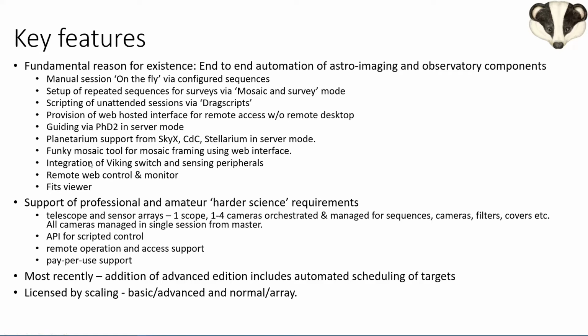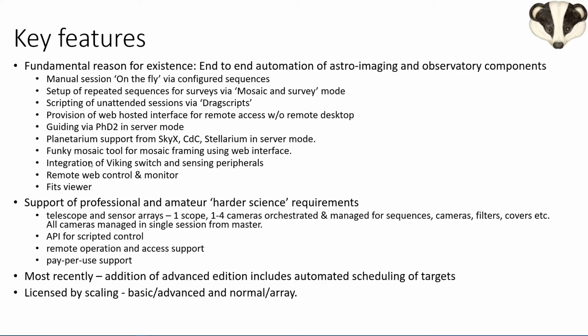So I put together a couple of slides. Most of this is just about prompting to go into the sort of quick demos of things. But the key features of Voyager is that end-to-end automation of astro imaging and the full range of observatory components, both manually and also a range or set of options for ways of doing the automation for different processes throughout the night.